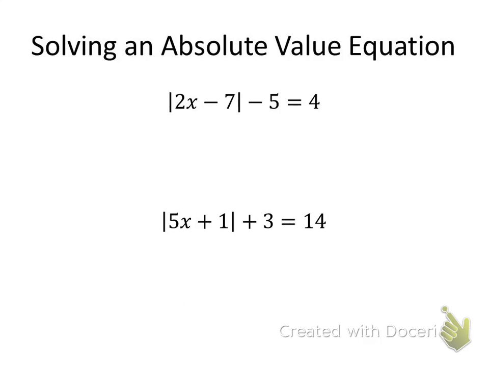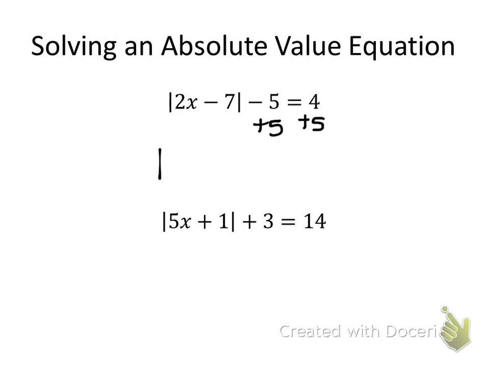When you are solving absolute value equations, the only thing that can be on one side is the absolute value. If there is anything on the same side as the absolute value, I have to move that first before I can do anything. So I look and I see, okay, this negative 5 is on the same side as the absolute value. So I need to add 5 first.